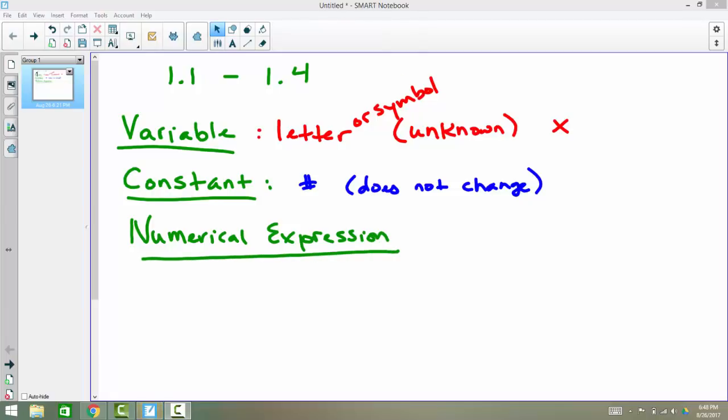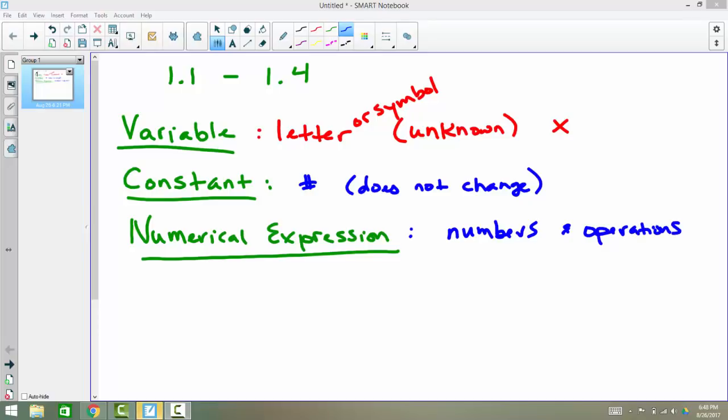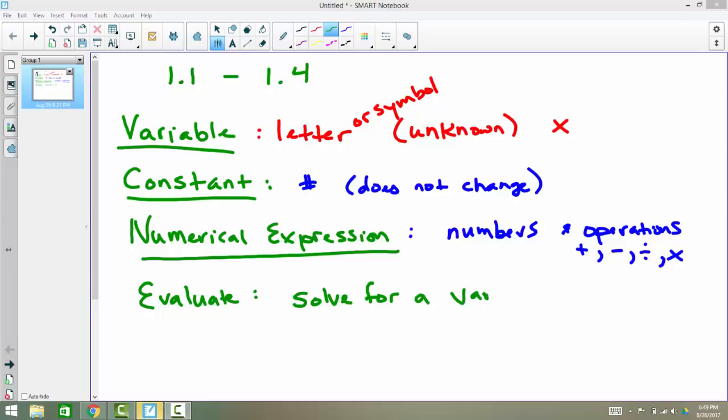And that is something with constants or numbers and operations such as plus, minus, divide, and multiply. And the last vocab for a few minutes is evaluate. And that just means you are solving for a variable or an unknown.